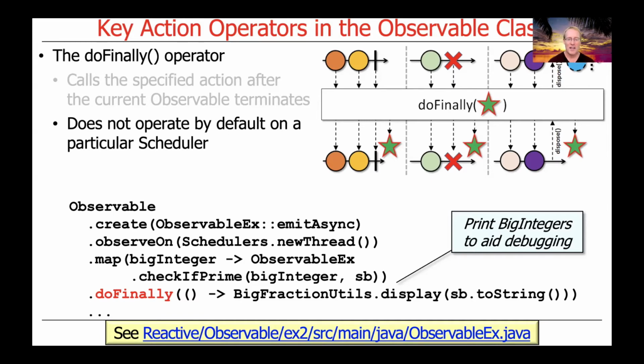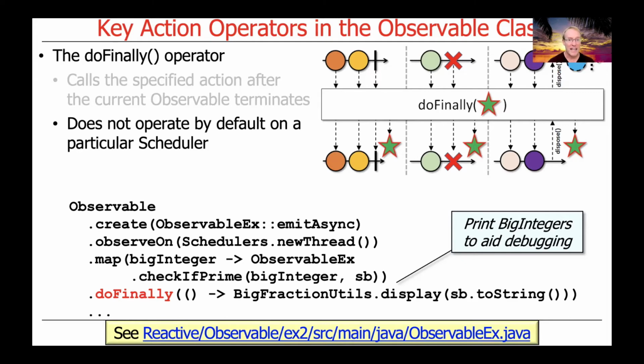For example, this snippet of code comes from a case study we'll examine in more detail at the end of this lesson. What it's going to do is use the Observable.create factory method to emit a bunch of large random big integers, which it will then process in a background thread returned by the newThread factory method. And it will then check to see whether those big integers are prime or not.